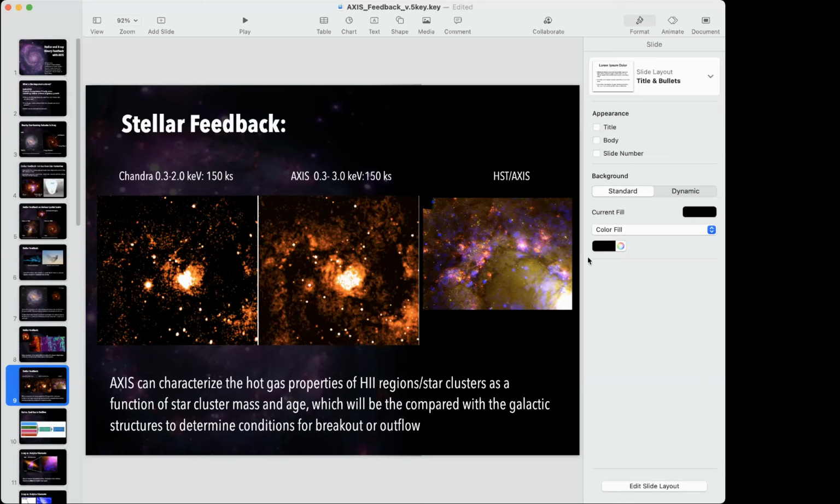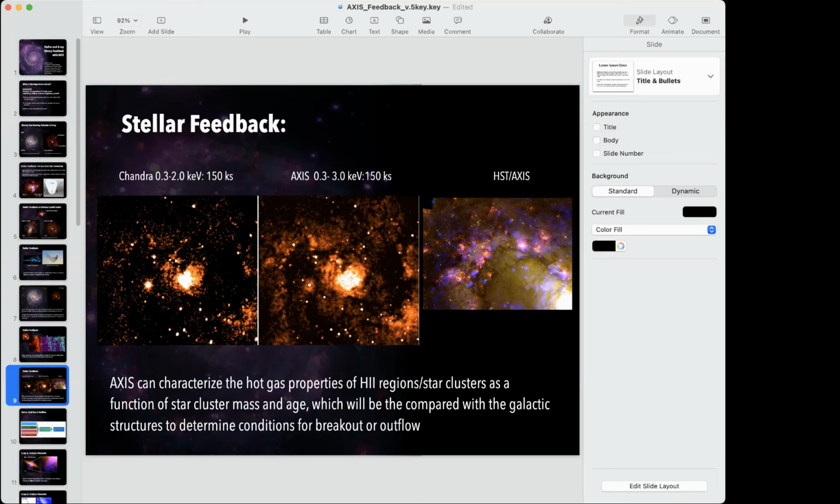And then the right image is the composite image of HST and AXIS, showing that the hot gas is filling or along with the HII scale of the star-forming activity and traces star-forming activity. So with AXIS, we can characterize the hot gas properties of the HII regions or star clusters as a function of the star cluster mass and age.